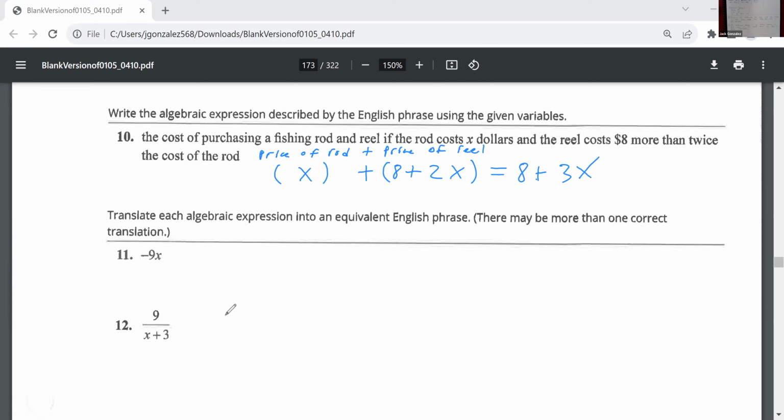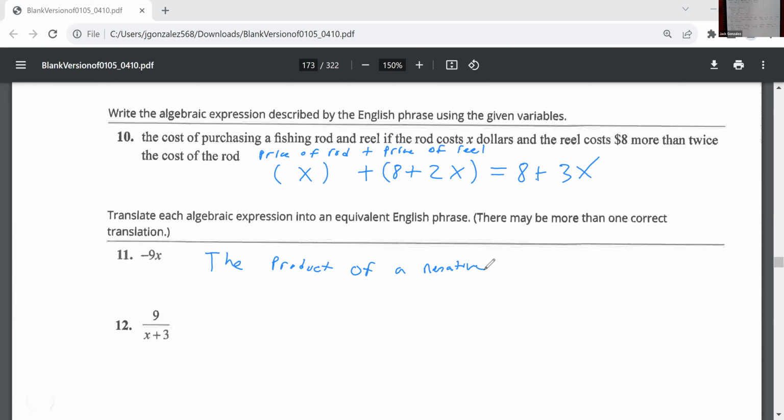So 11 is going to be product, right? Negative 9.